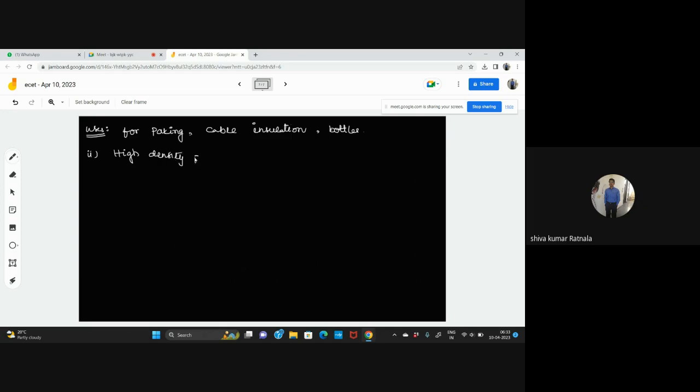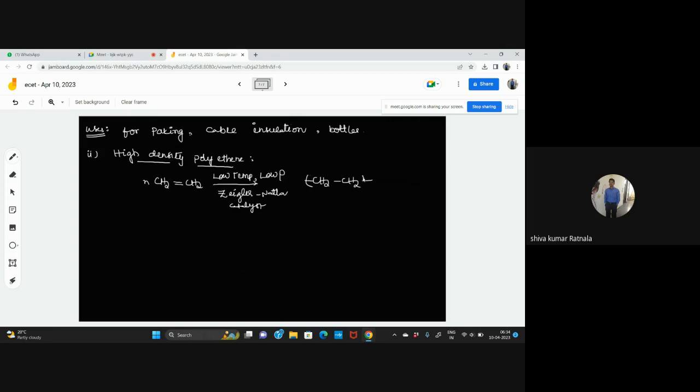Second is high density polyethylene. This is also the same: n molecules of ethene as the monomer unit, at low temperature and low pressure compared to low density polyethylene, in the presence of Ziegler-Natta catalyst. We get HDPE.